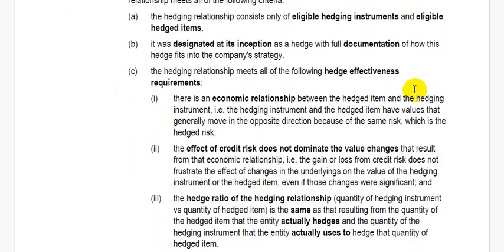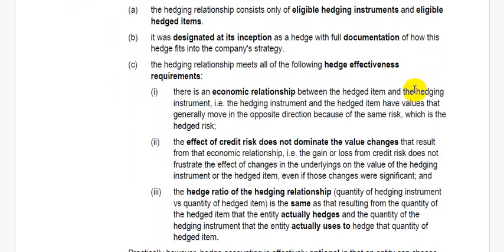The first requirement is that there is an economic relationship between the hedged item and the hedging instrument, i.e., the hedging instrument and the hedged item have values that generally move in the opposite direction because of the same risk, which is the hedged risk.